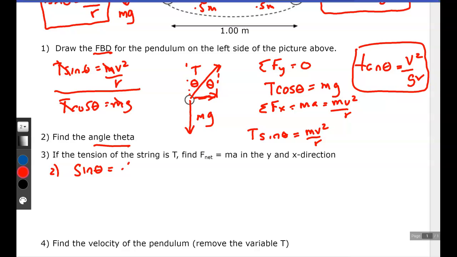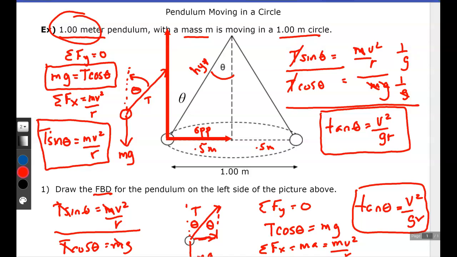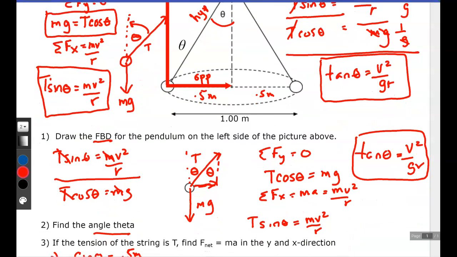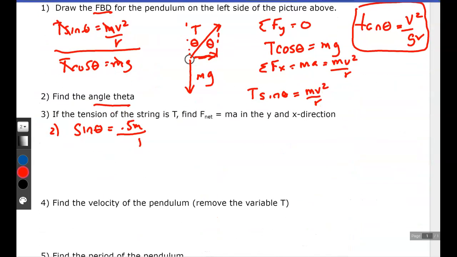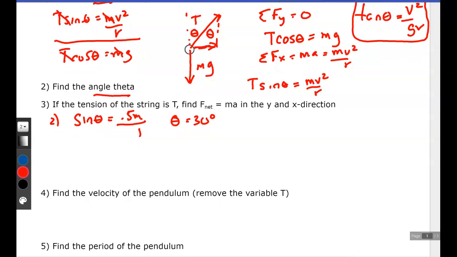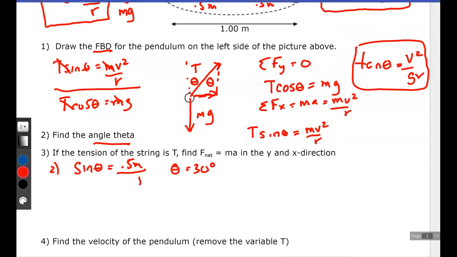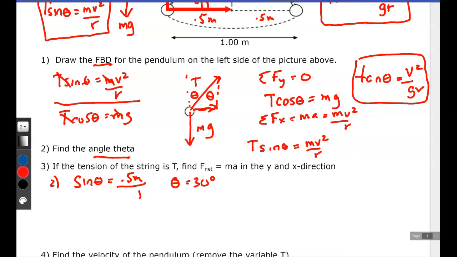The opposite is 0.5 meters, and the pendulum is 1 meter, so the hypotenuse is 1. The inverse sine of 0.5 is 30 degrees. So there you go. Find the tension T using, well, this is actually all that we did up here.